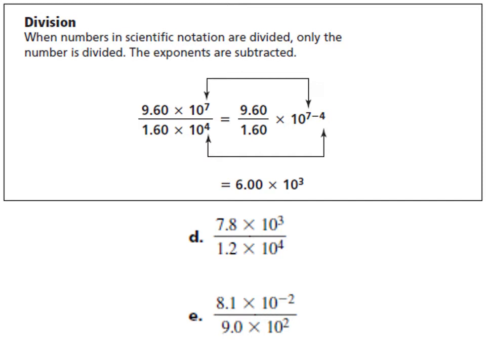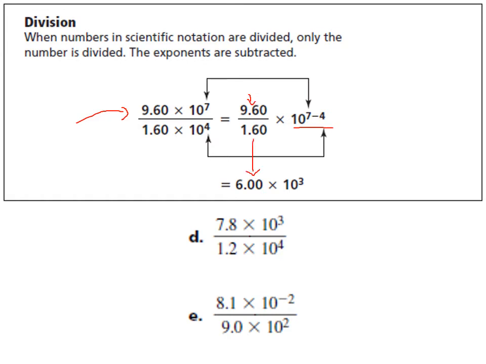So now we get to divisions, and we'll see that divisions are actually very similar to multiplication, except when you divide, rather than add exponents, you subtract exponents. So in this case, we have 9.60 times 10 to the power of 7 over 1.60 times 10 to the power of 4. We first do our division, 9.60 divided by 1.60, which gives us 6.00.